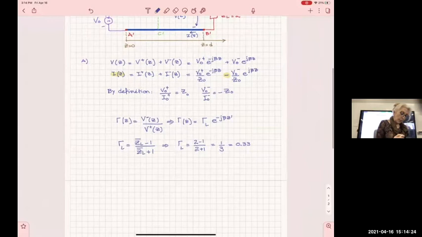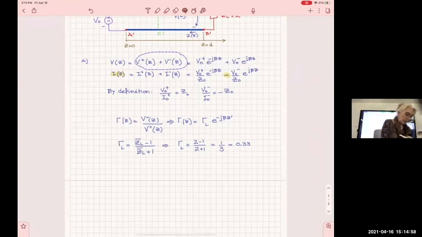Now, let's try to figure out how much. There are two things you can do, obviously. One is to find the relationship between V0 minus over V0 plus, and then go here and substitute one of the two with the other. So you can either go here and replace V naught minus and V naught plus, or you can go here directly, all right?